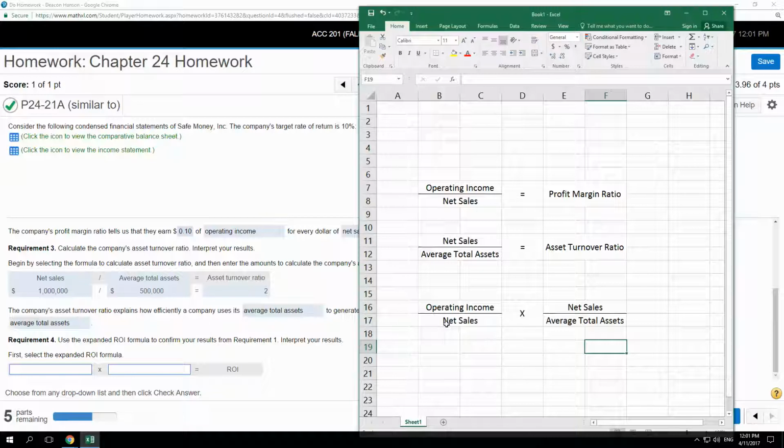You see how the numerator and denominators cancel out? So you end up with operating income divided by average total assets.